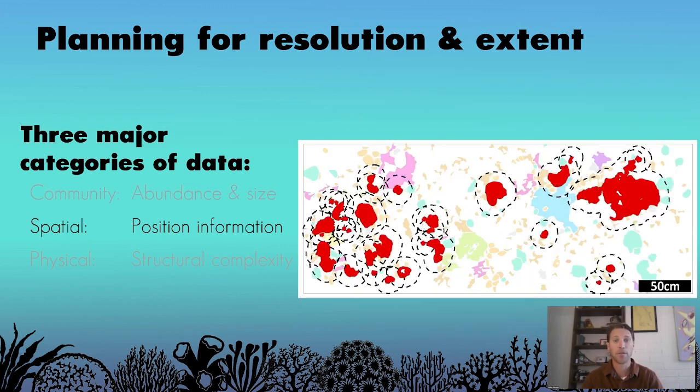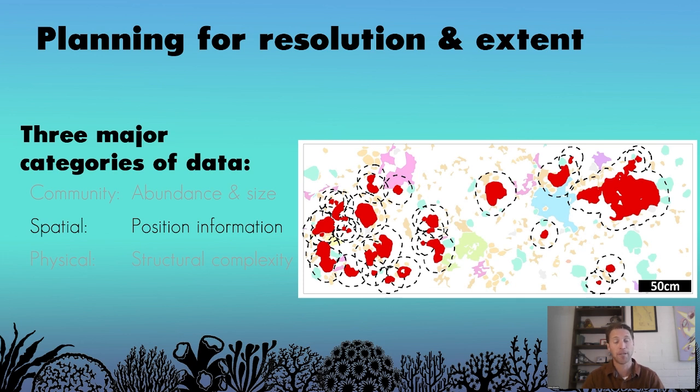The next category of data we might consider requires spatially explicit descriptions of organisms. Many spatial analyses are based on colony position centroids, and while a relatively low bar in terms of resolution of large area imagery, the taxonomic resolution you will want to work at will instead drive decisions of resolution.